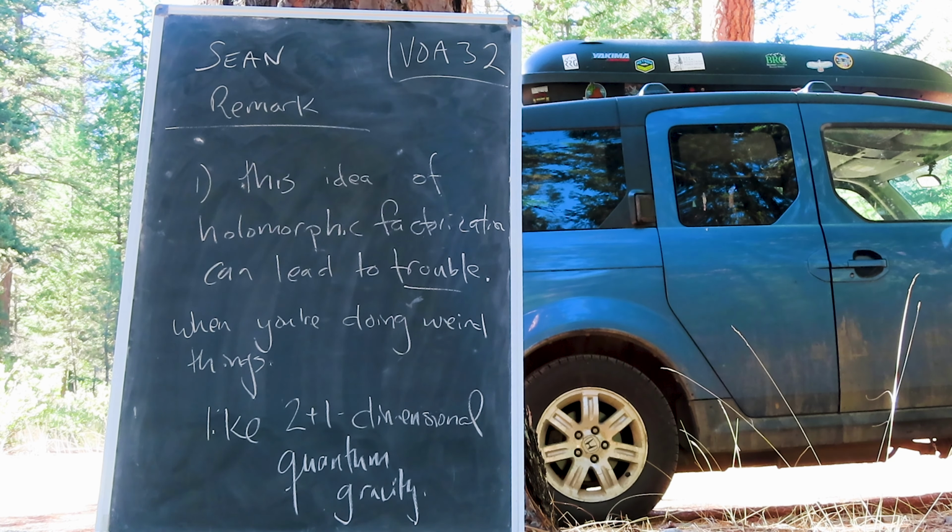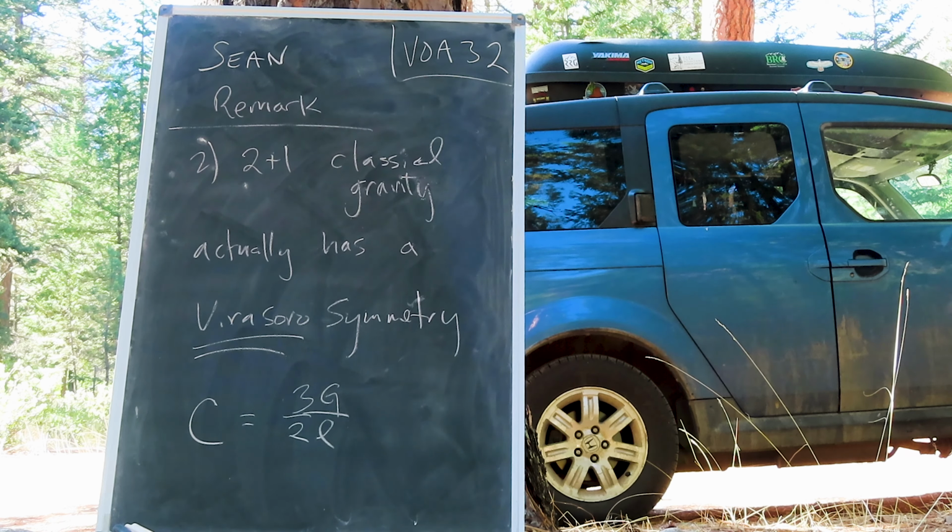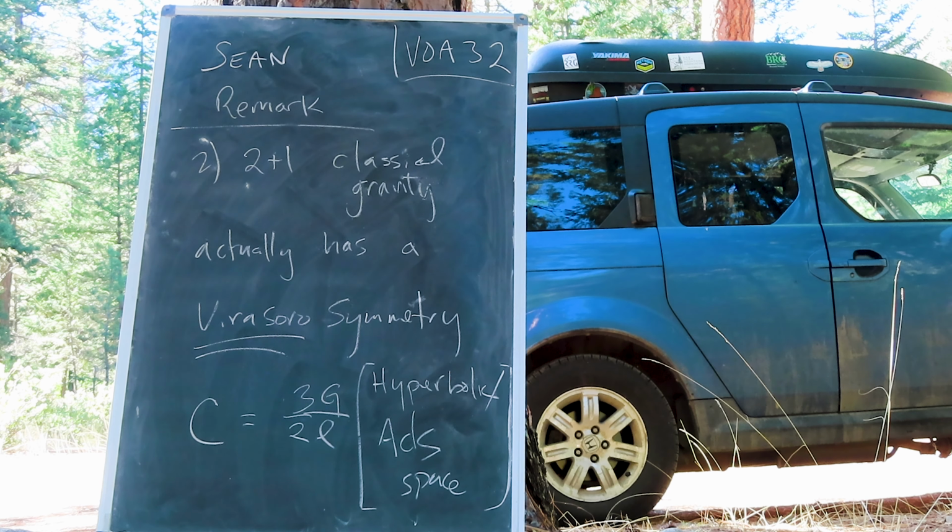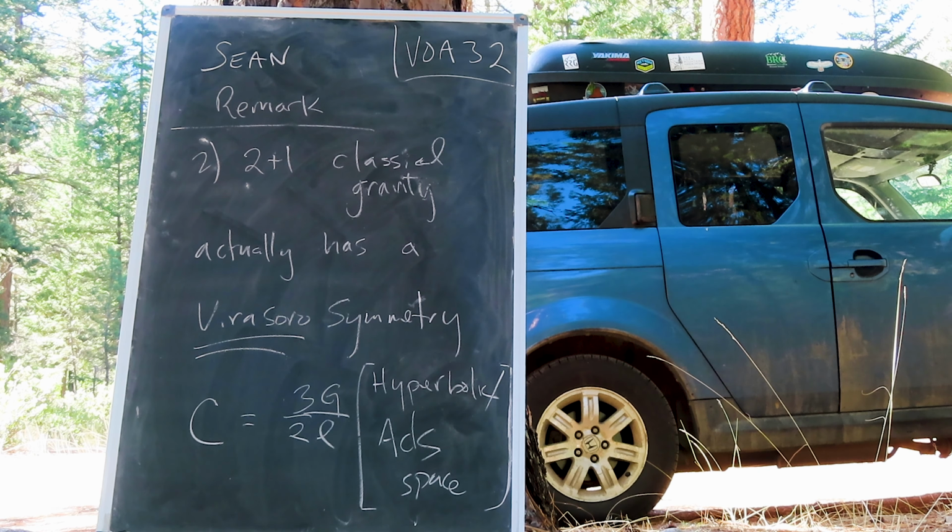Not to give too much away right now, but I can't resist pointing out the famous result of Brown and Henneaux, where the classical theory of gravity in 2+1 dimensions has 2 copies of the Virasoro algebra with central charges proportional to the ratio of the gravitational constant and the anti-de Sitter radius. This is an asymptotic symmetry algebra around a sort of hyperbolic version of Minkowski spacetime in 2+1 dimensions, and we will have much to say about that in the coming weeks to months.